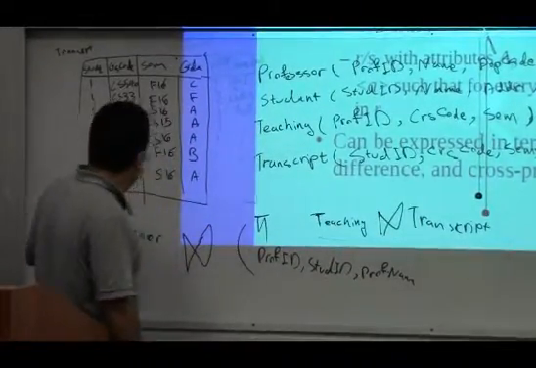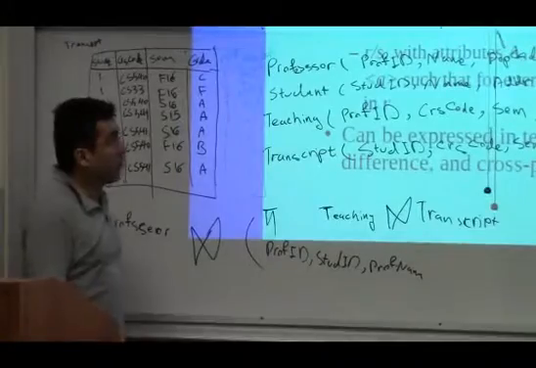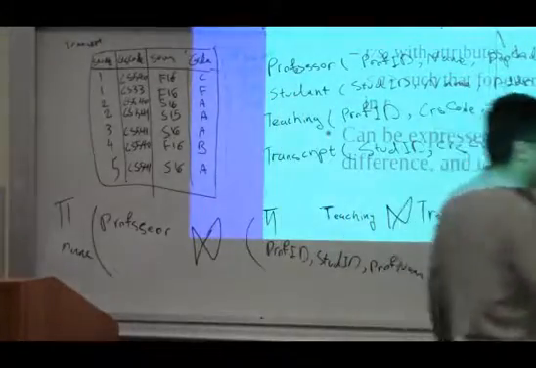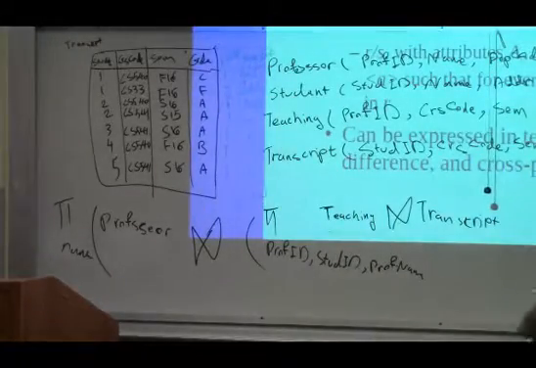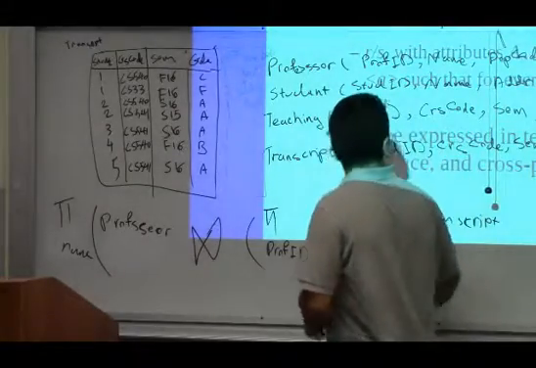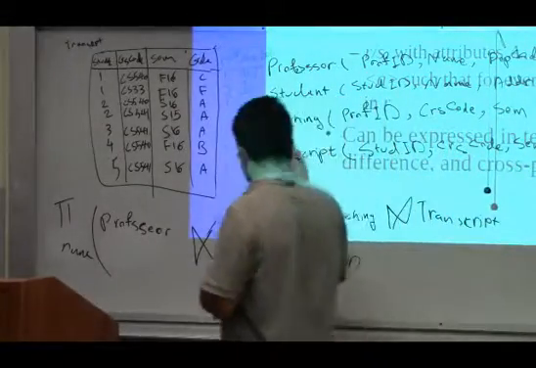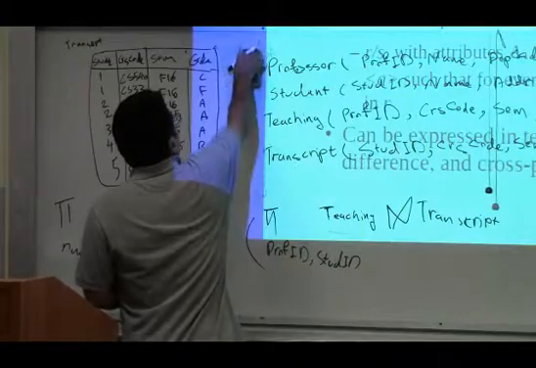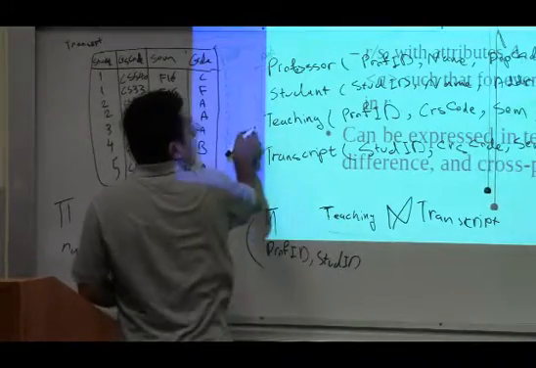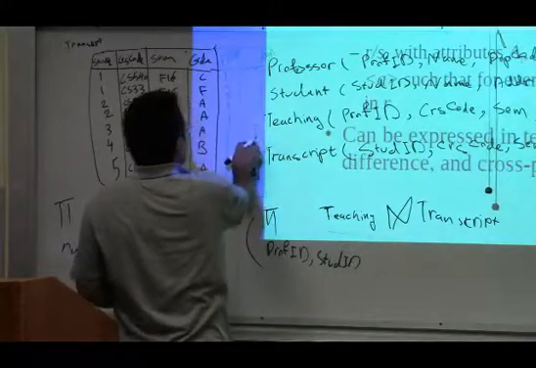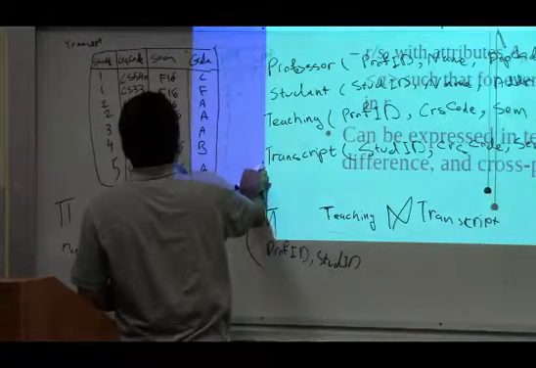Then we remove. Oh, sorry, I have a doubt. There is no name. I was confused. The teaching relation doesn't have any name in it, so this is not name. This is just course code and semester.